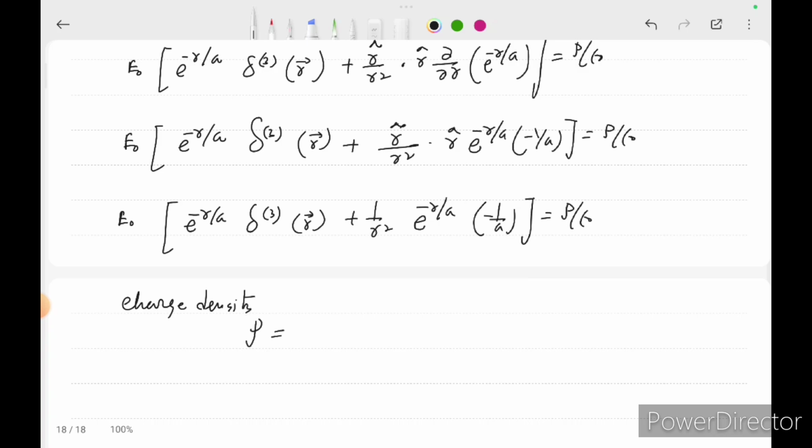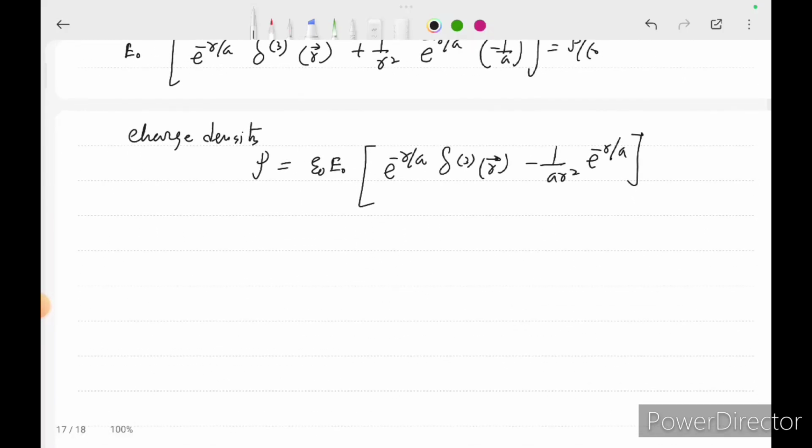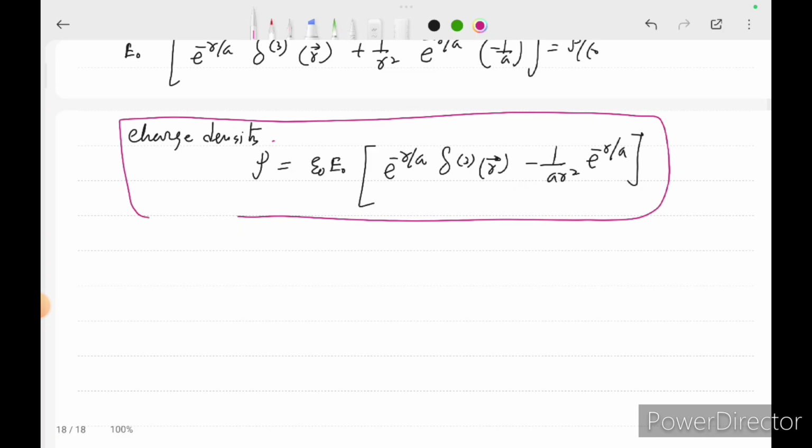Rho equals epsilon naught E0 times e to the power minus r of a delta cube r vector minus 1 upon a r square e to the power minus r of a. So this is the charge density. Now using this charge density expression, we calculate the total charge.